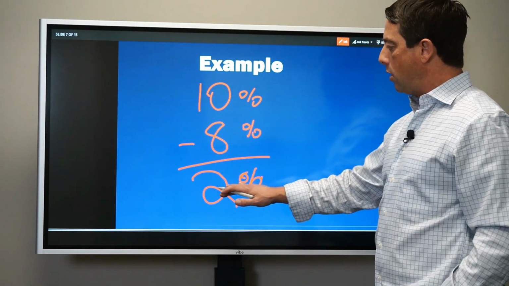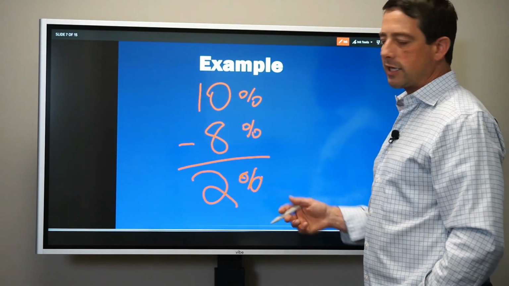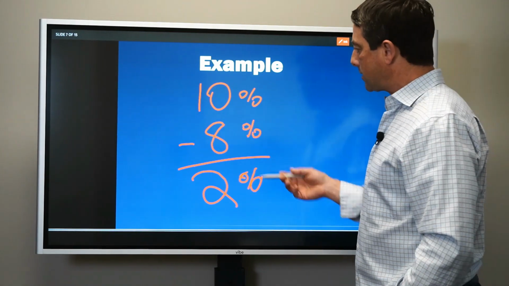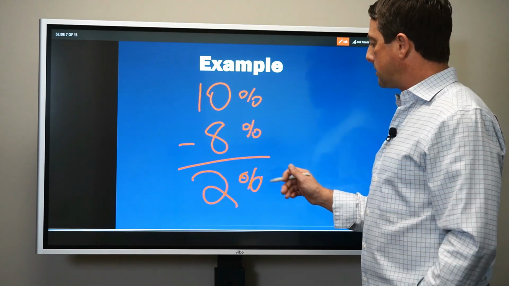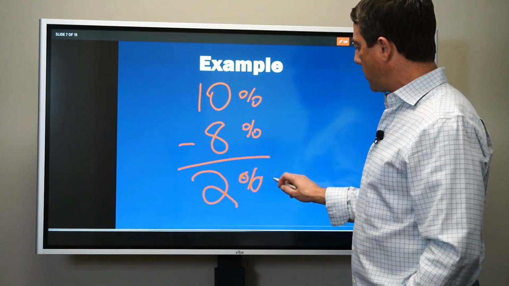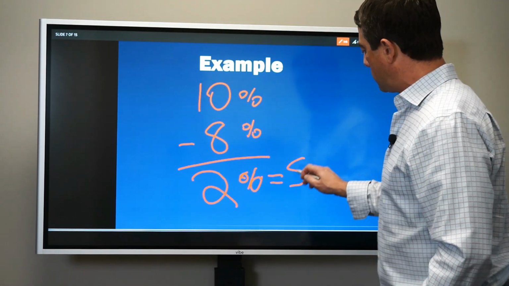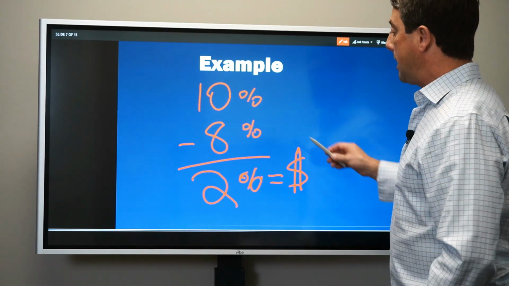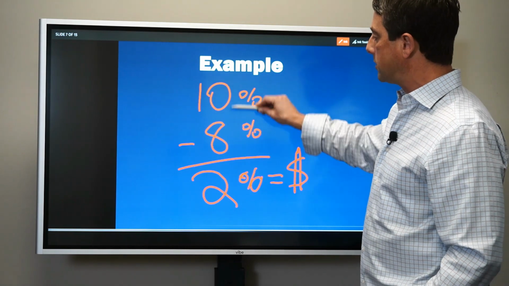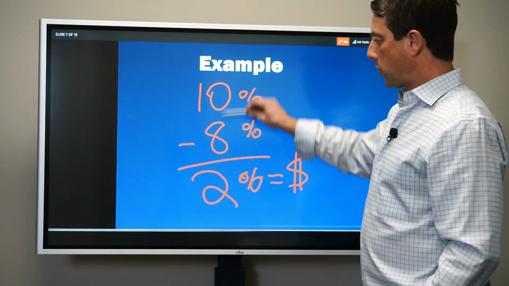We don't know how much cash flow that actually would be. That could be $1 million if this thing produced $100 million or something like that. So point being, you don't look at just percents. Figure out how much that actually equates to in real dollars and ask yourself if that's worth your time and energy.